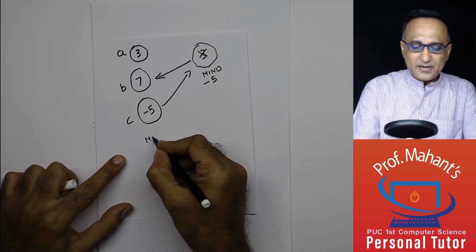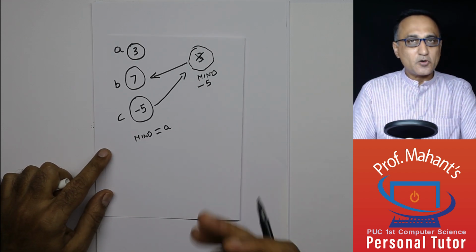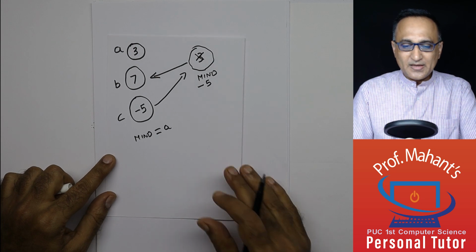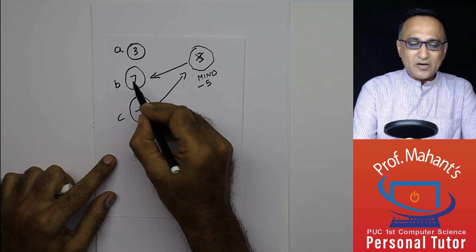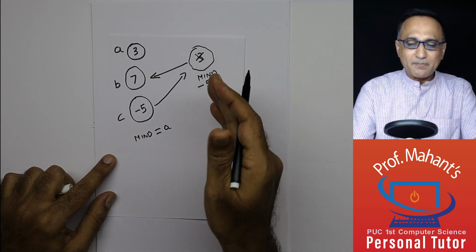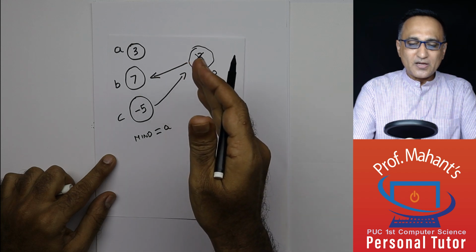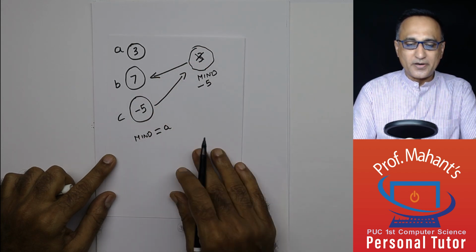Initially, my mind assumed A to be the smallest, because it had not seen any other number. In the next step, I compared mind with B or B with mind. If B is lesser than mind, my mind changed the value of whatever was in it with the value of B, but in this case it was bigger, so we ignored it.